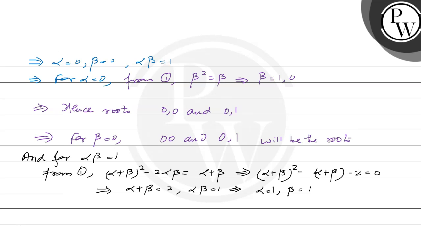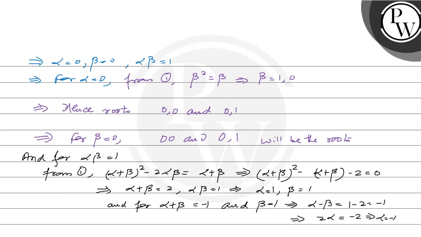And for alpha plus beta equal to minus 1 and beta equal to 1, what will you get? Alpha minus beta is 1 minus 2 equal to minus 1, and then 2 alpha will be equal to minus 2 and alpha will be equal to minus 1.